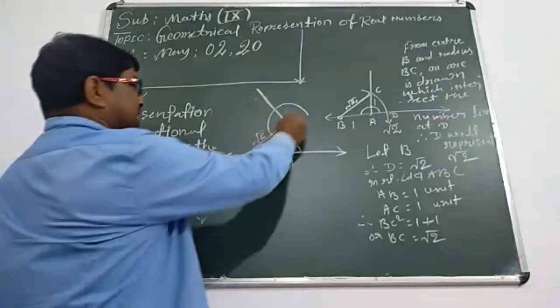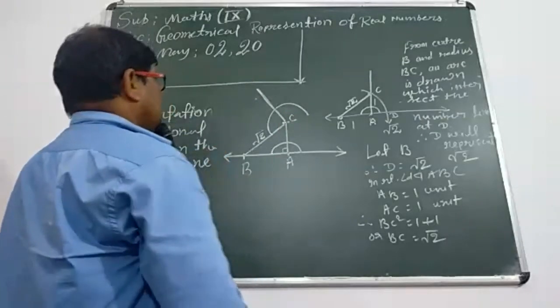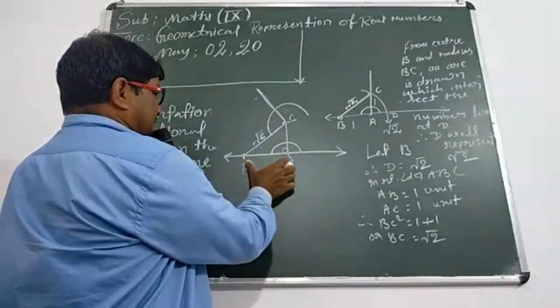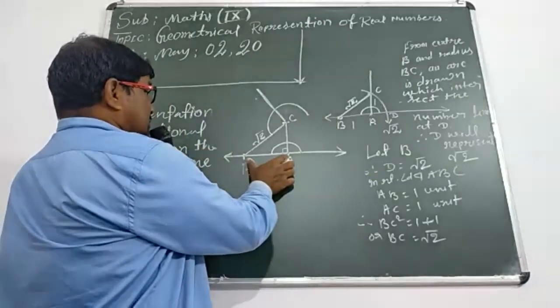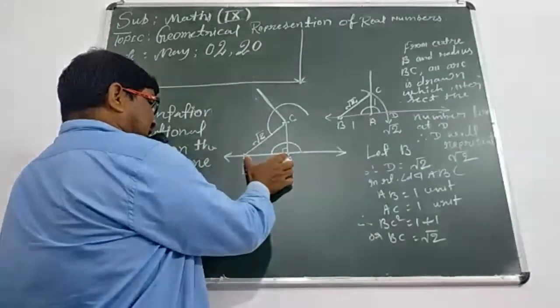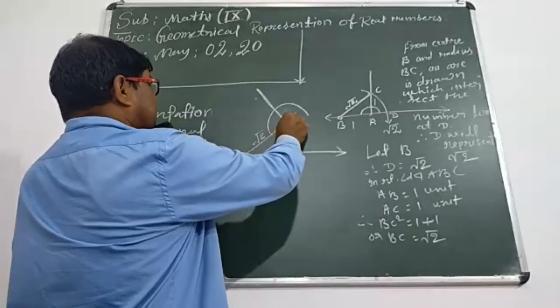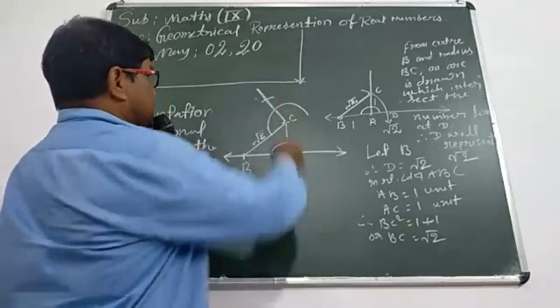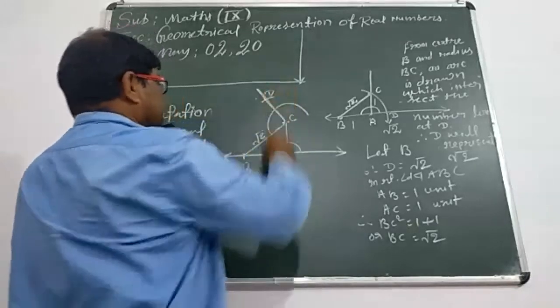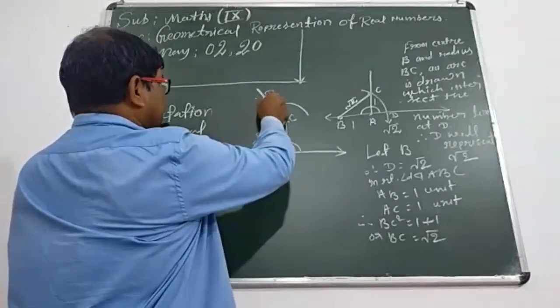Now, students, this is your 1 unit length. So, after taking the radius AB and from center C, you will draw another arc. Suppose that this point is D. Okay? Now join B and D.